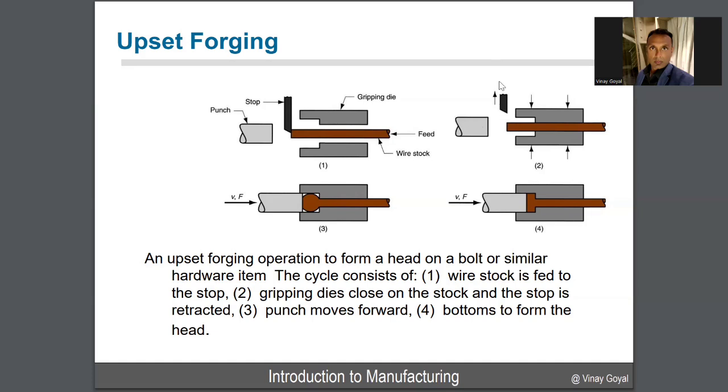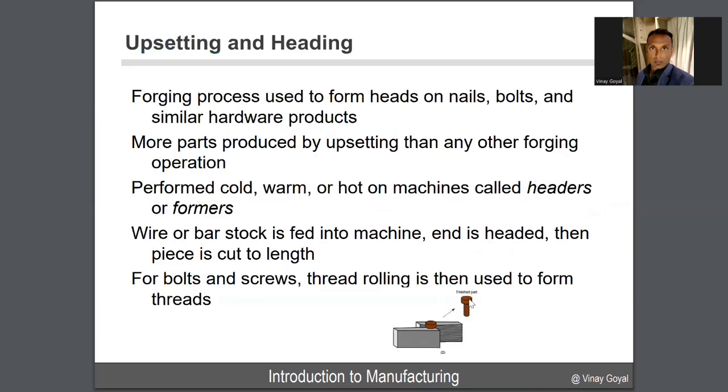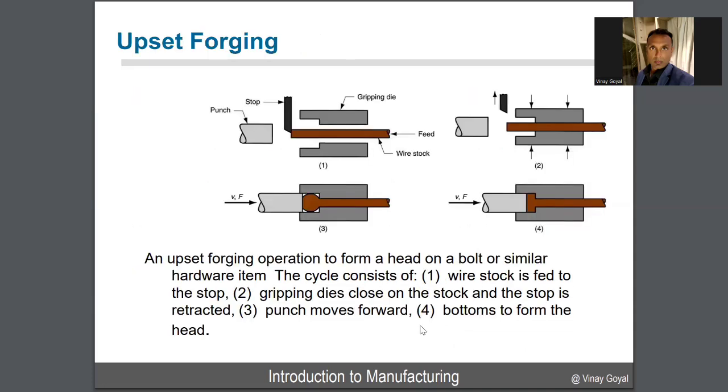You can see that there. And then I'm going to bring the punch next, which moves forward. And as that's pushed forward, it basically constrains all that volume into this rectangle, creating the bolt head. So that's what we're talking about here. That's your bolt head. The blank goes in here now. And you can now create your threads through thread rolling.